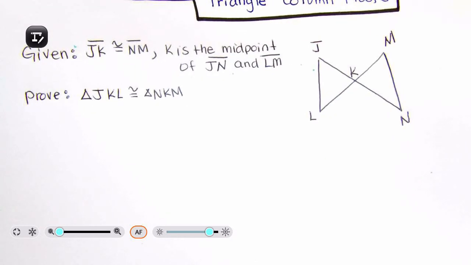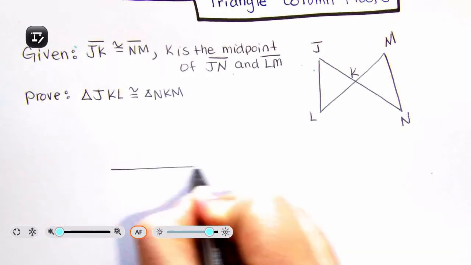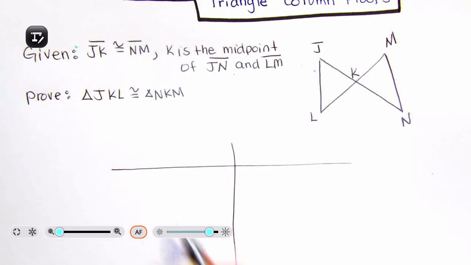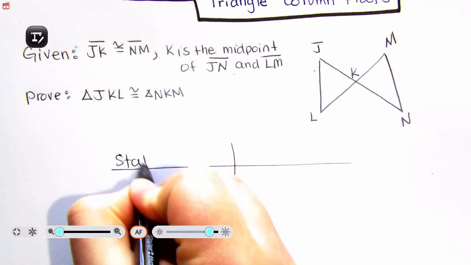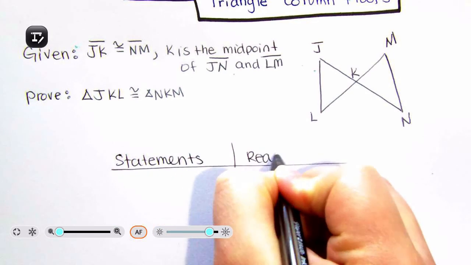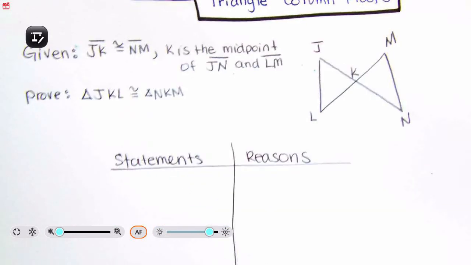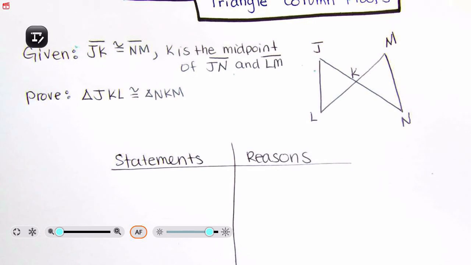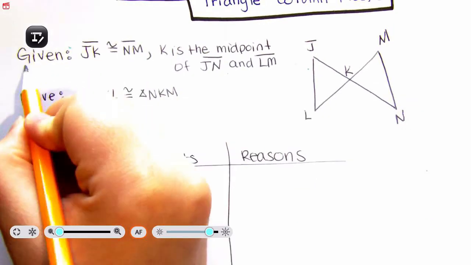All right, again, I'm going to be referring to the steps recorded in the previous video. Step number 1 is we're going to do our column. We have statements here, we have our reasons. Step number 2 is the first statement and reason are the ones that are given. So here's your given.